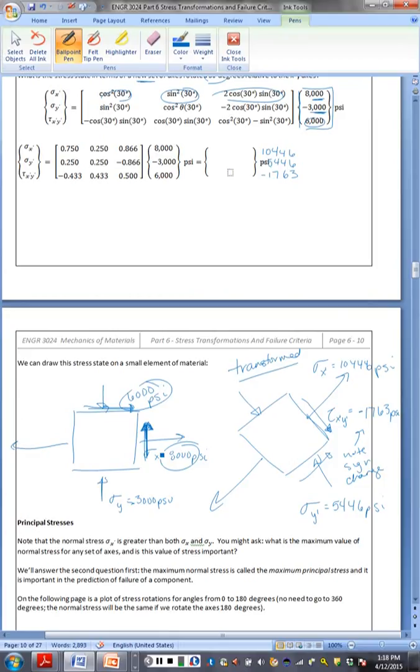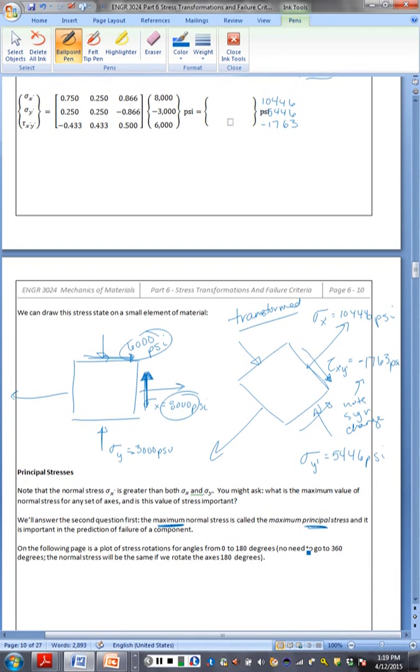So if we've rotated by an arbitrary 30 degrees and gotten this, there is some value of theta where we're going to end up with a maximum sigma x. And it's that value that we call the maximum principal stress, and it's that value that we need to figure out the overall effect of a given stress state so that we can do failure analysis.